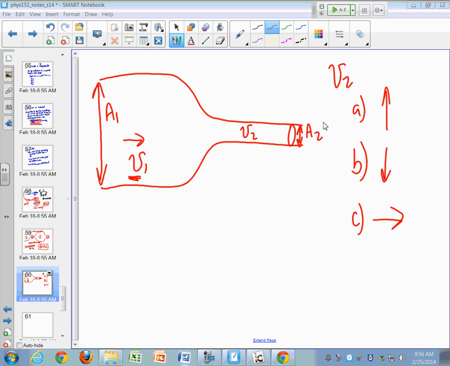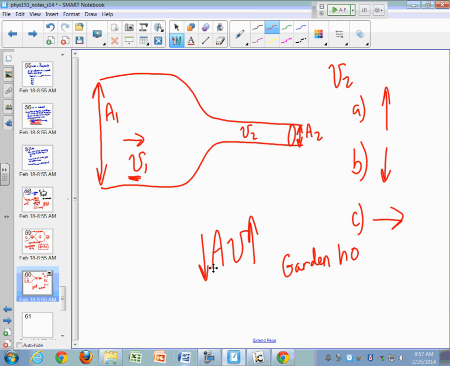You're making the area smaller, and if this decreases, this has to increase in order to keep that flow rate equation correct. So this is like a garden hose. You can try it later when you go home. You can squirt your friend with your garden hose and say, hey, it's the flow rate equation. And then they'll think it's really funny.